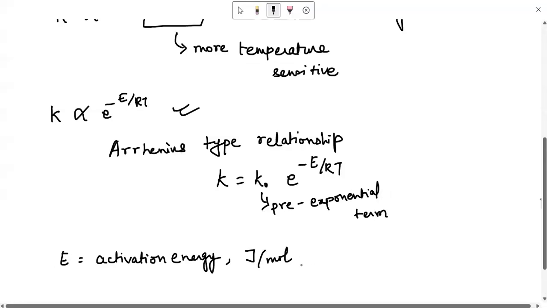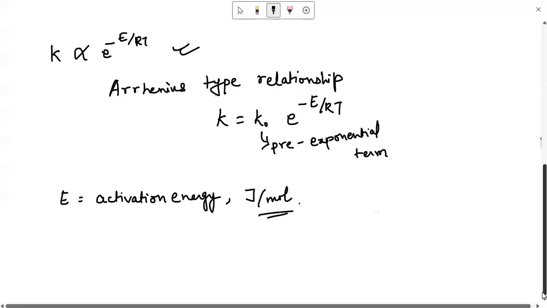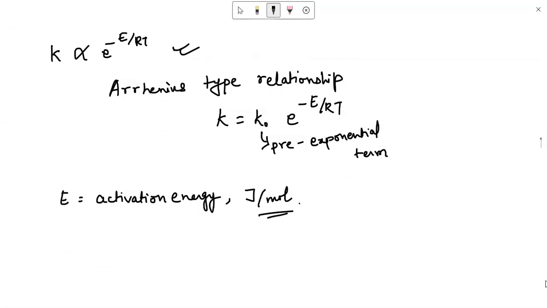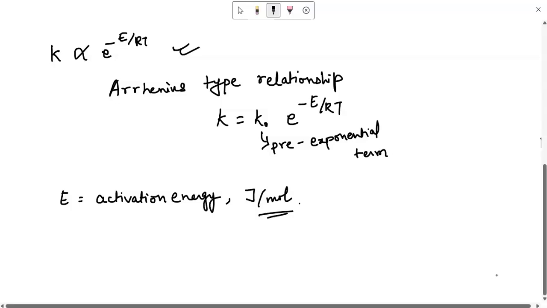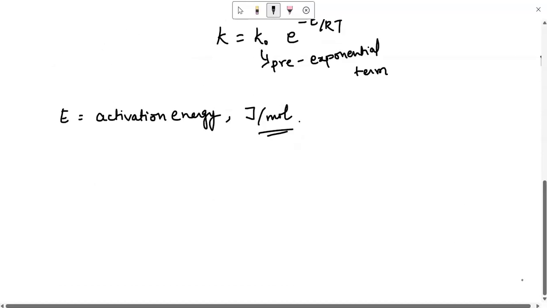Generally for studies we adopt this unit. It may also be kilojoule per kilomole, which gives the same measure, or kilojoule per mole, but as per your study you have to convert the units. Now, if you want to determine these terms, what you will simply do is plot a graph.